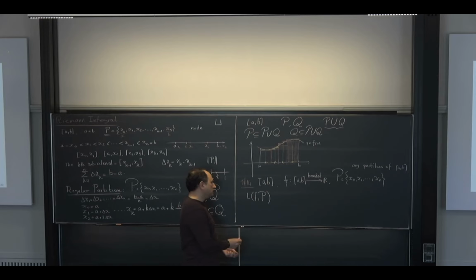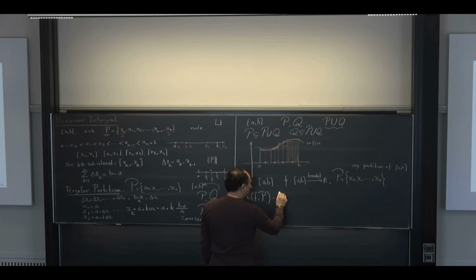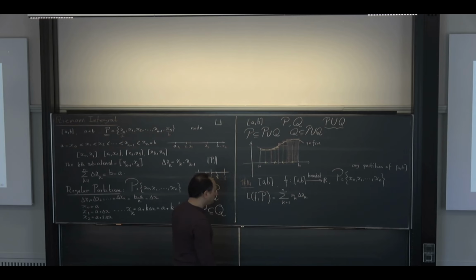Okay, so this is defined to be this sum, sigma m sub k delta x k, k goes from 1 to n. In calculus, m sub k is the minimum of your function on the kth interval.